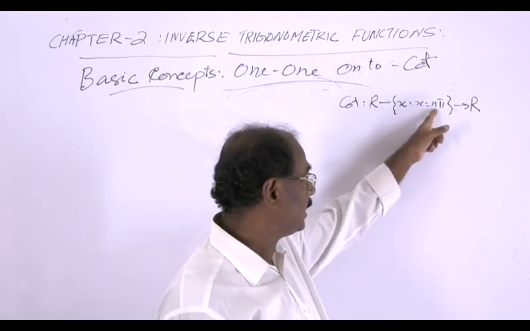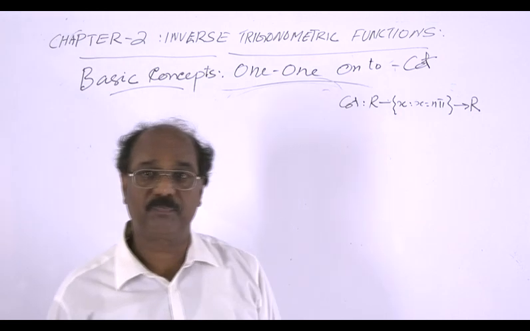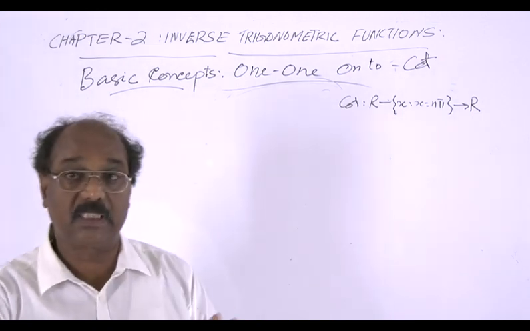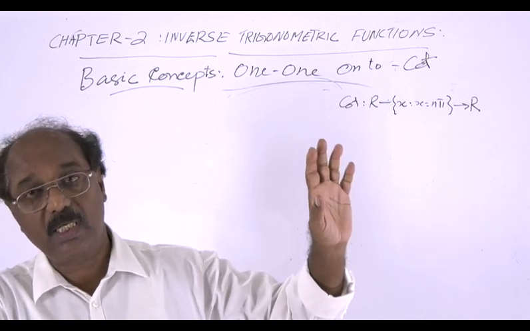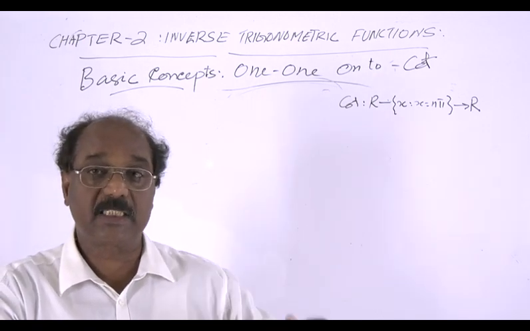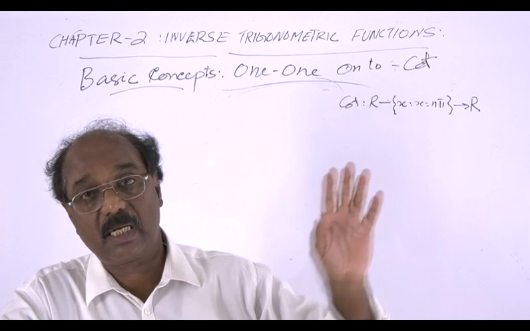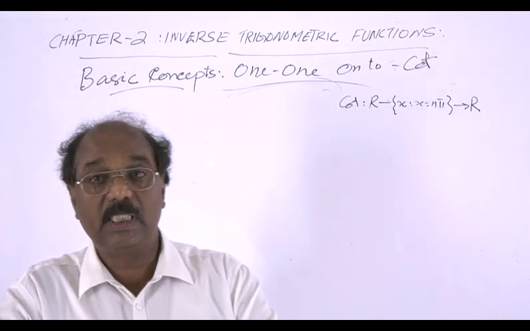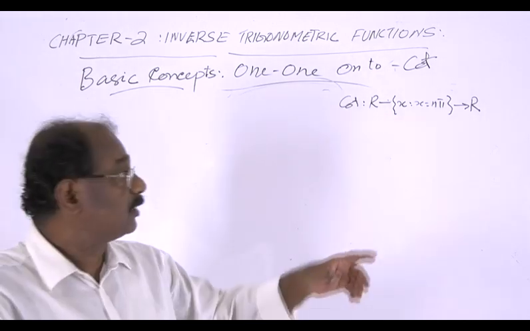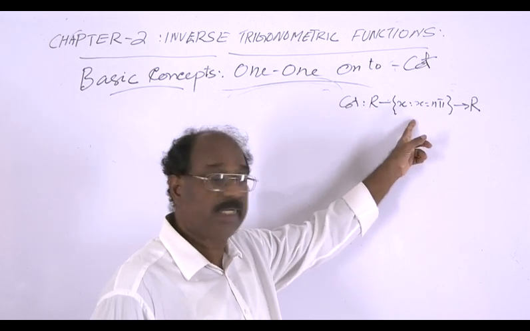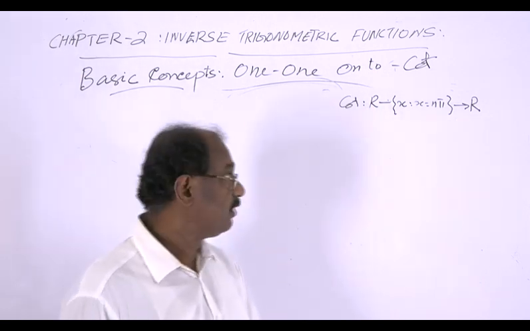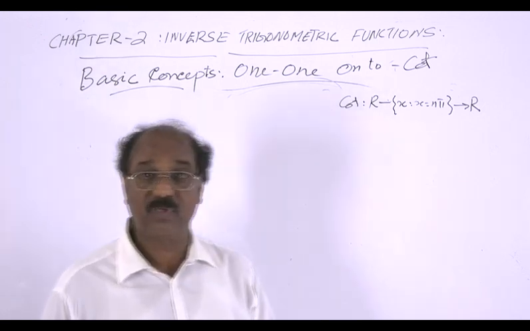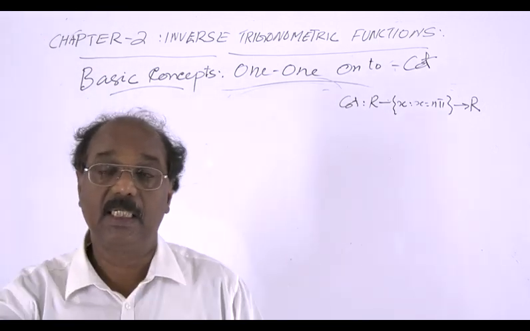Multiples of π, with n an element of Z, that is 0, π, 2π, 3π, etc., are excluded, and also on the opposite side, minus π, minus 2π, minus 3π, etc., are excluded. So the remaining R minus this collection constitutes the domain, and R is the range. Now we want to make this function one-one by restricting the domain.